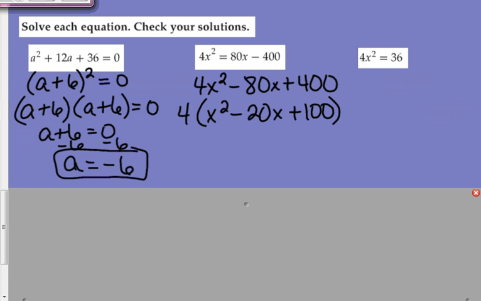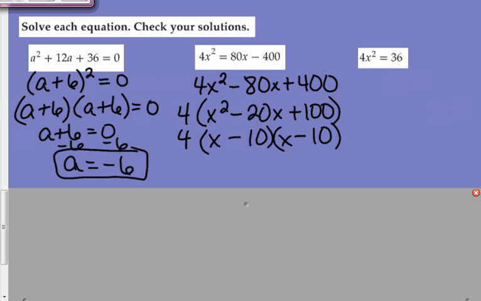Okay, so let's factor this on down a little bit further. 4 out here. Factor this into two binomials, so you have x and x. Two factors of 100 that make 20 would be 10 and 10. They'll both be negative, because it makes a -20, but a +100.